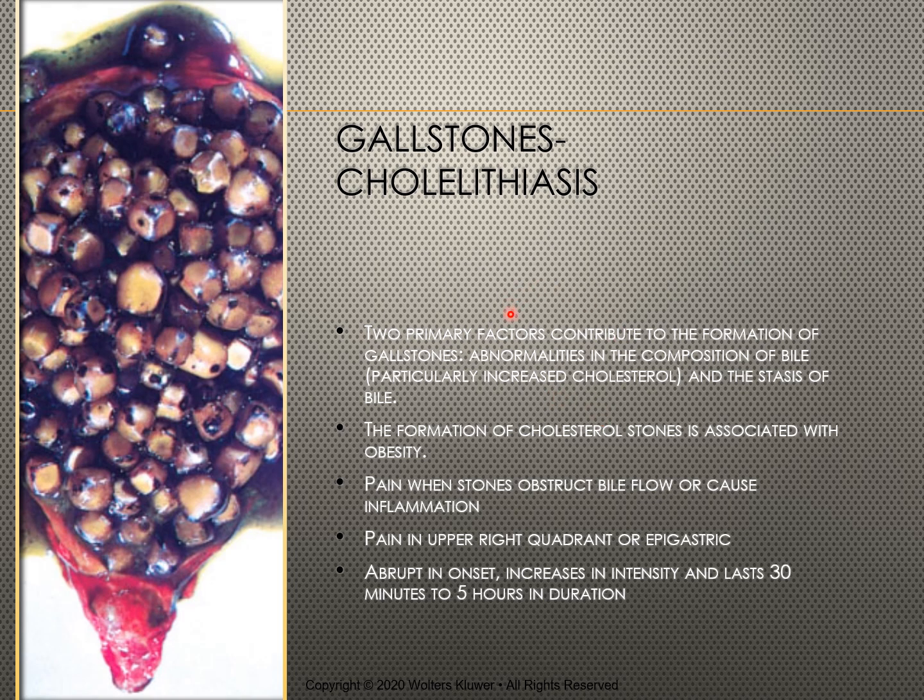And this can also be formed if we have stasis of bile within that system. The formation of cholesterol stones, which again is the primary way this happens, is associated with obesity. So people who are overweight tend to develop gallstones more often.